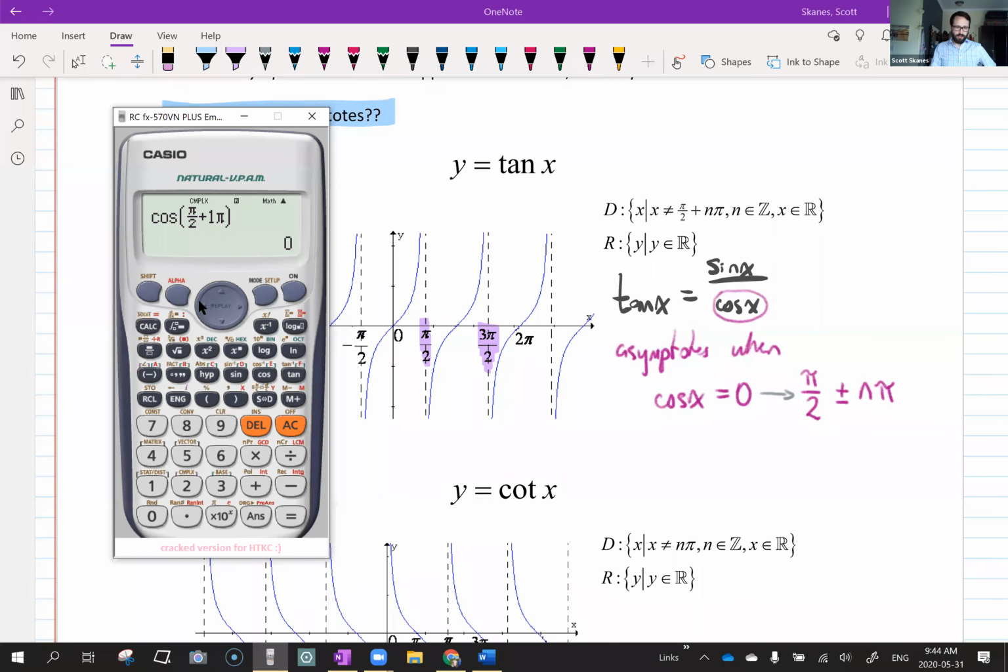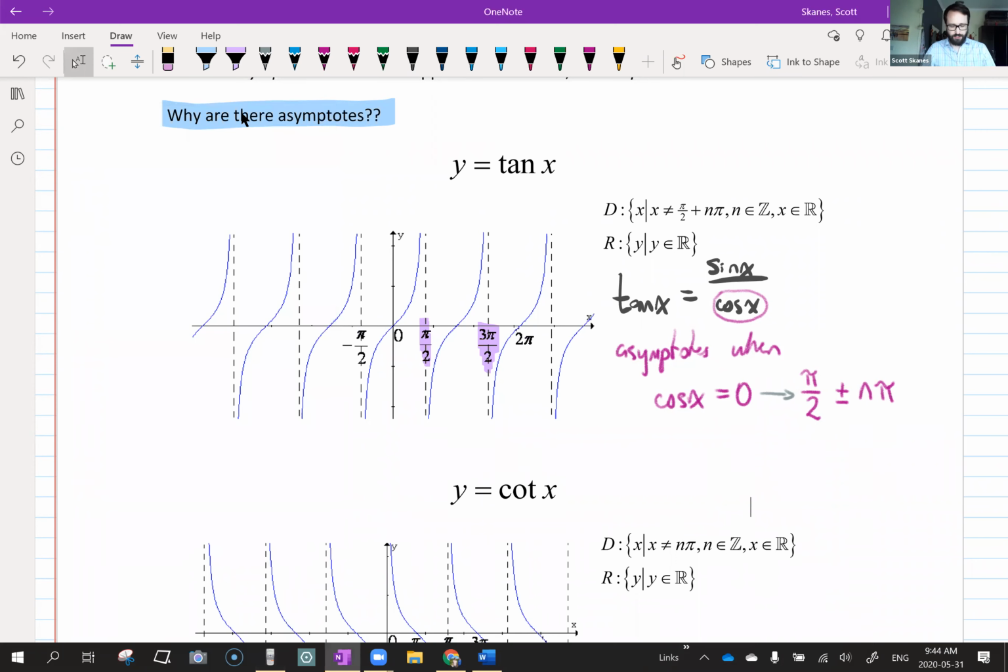If I add 2 pi, it should still give 0. 3 pi, 4 pi, 5 pi, a million pi, it doesn't matter. And even if it's negative, as long as that number in front of pi is a constant, so minus 2 pi, for example, it should still give 0. And I am getting to my point. There's a good point. Let me show you.